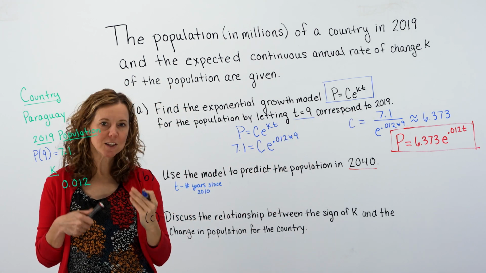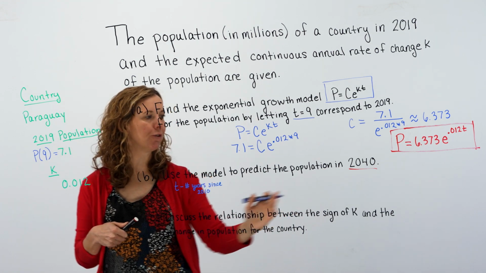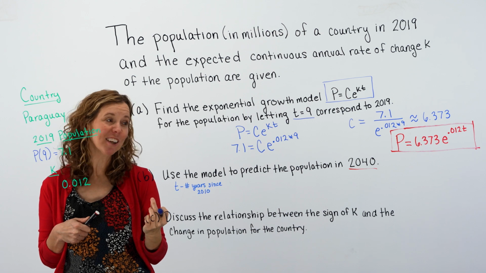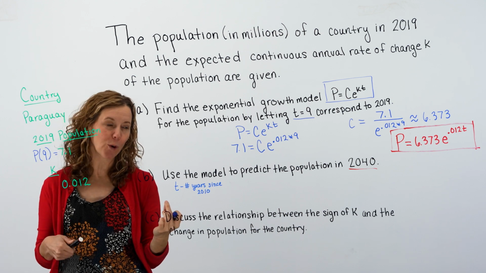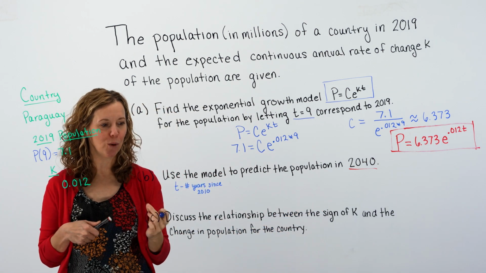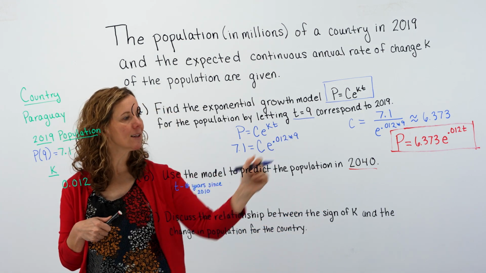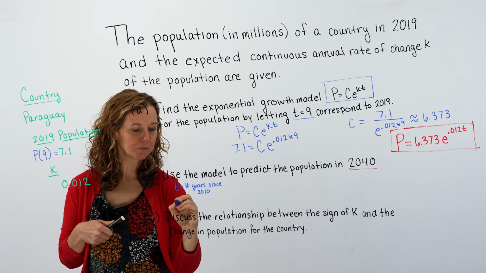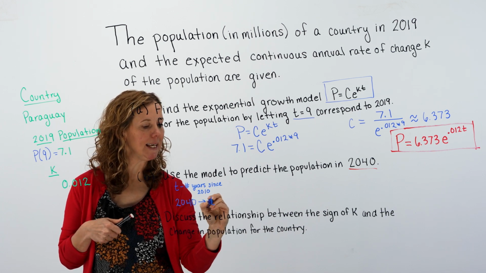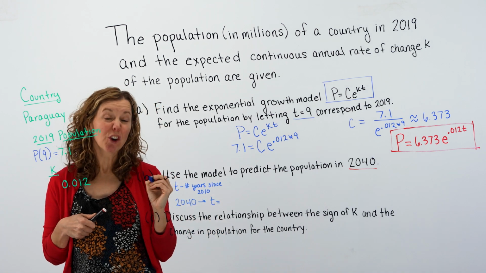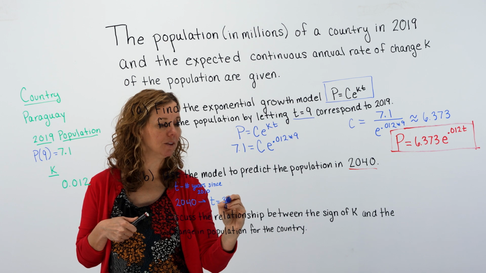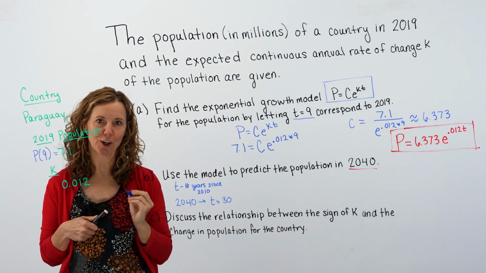And so fast forwarding to 2040, if we want to know what the t value is, be careful. It's not just going to be that t equals 2040. If we use that, we're going to get a much larger population than we want here. In our case of 2040, it's 30 years since 2010, so 2040 would correspond to a value of t equals 30.